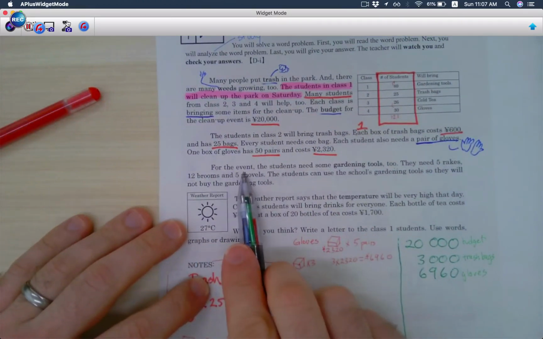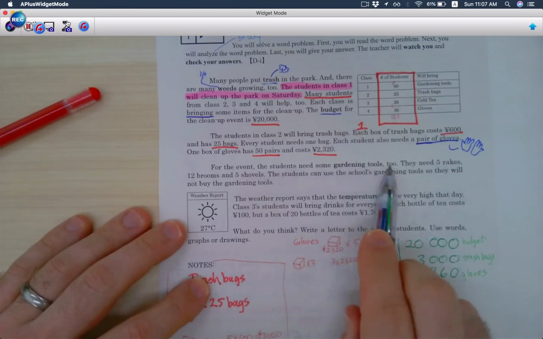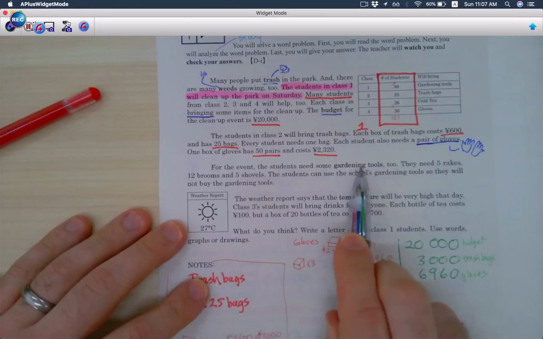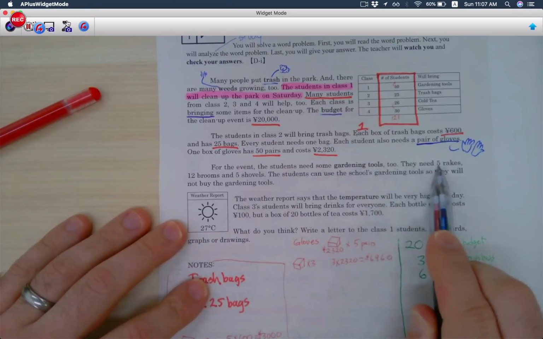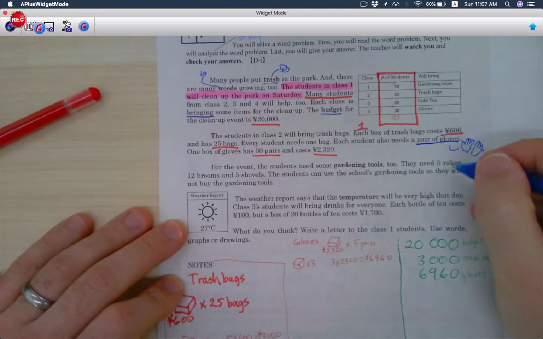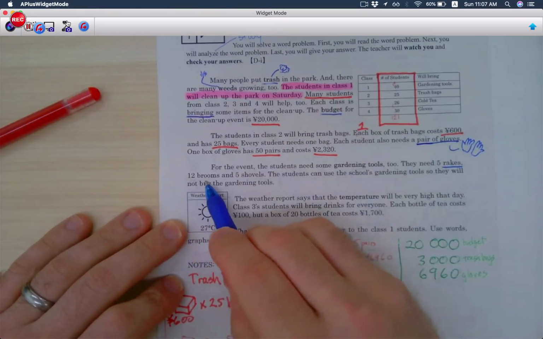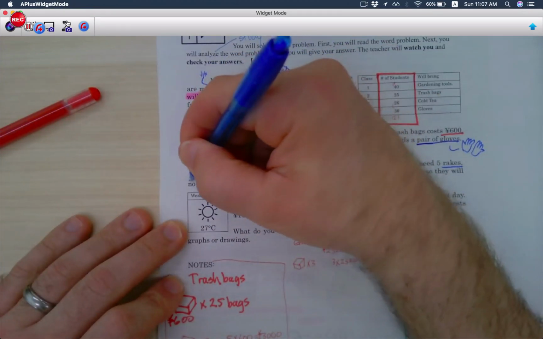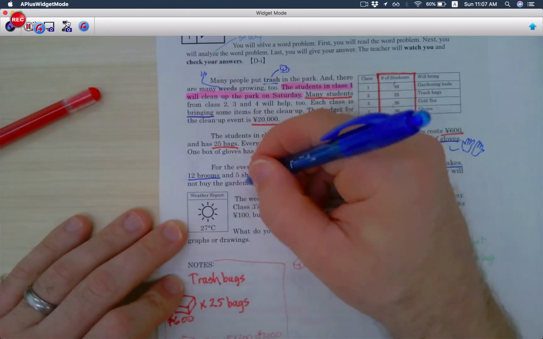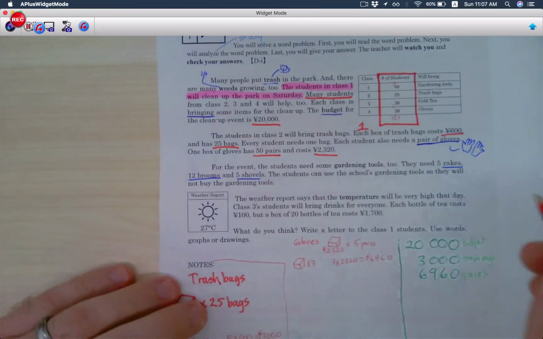For the event, the students need some gardening tools too. I think gardening tools will be expensive. They need 5 rakes. What's a rake? 12 brooms, and I don't know brooms too, and 5 shovels. That's a lot of numbers there. These are probably important.